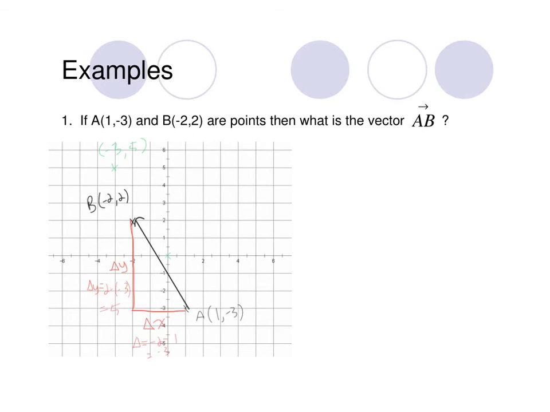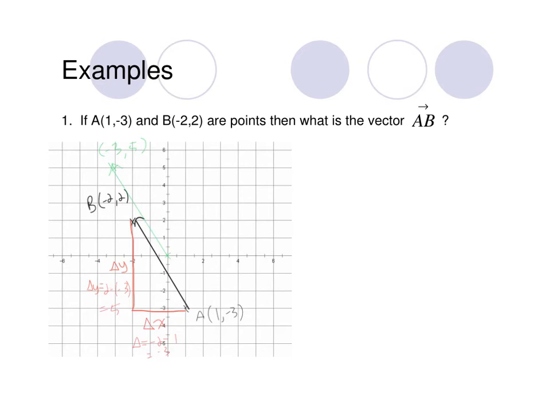We can then draw that vector, and it would look like this. So the vector that we would call AB would be the vector -3, 5. Because when we're listing vectors on a Cartesian plane, we always want them to be position vectors, meaning starting at the origin and ending at that terminal point.